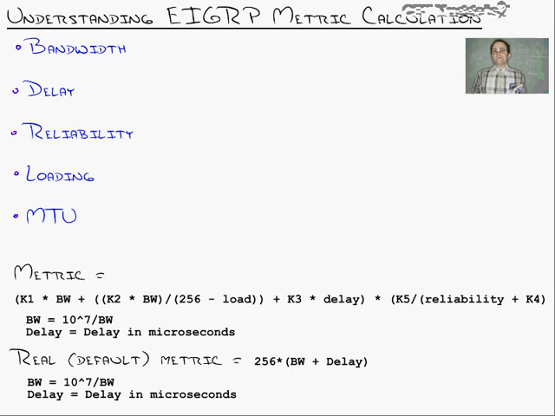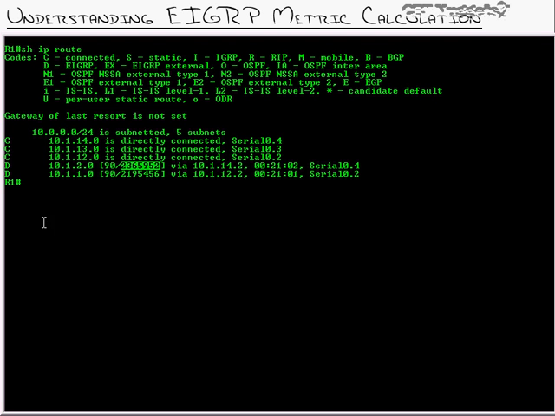And let's even back up a second. A metric. What is the metric? It's how a routing protocol figures out how good a route is. Like if we go back to our router right here, we have router 1, did a show IP route. Here's my two EIGRP routes. This first number is the administrative distance, or the believability of that. And the second number is the metric, meaning how good is that route in competition with other EIGRP routes.